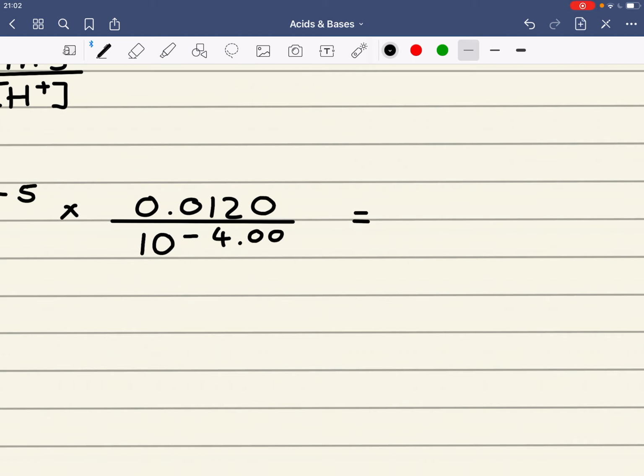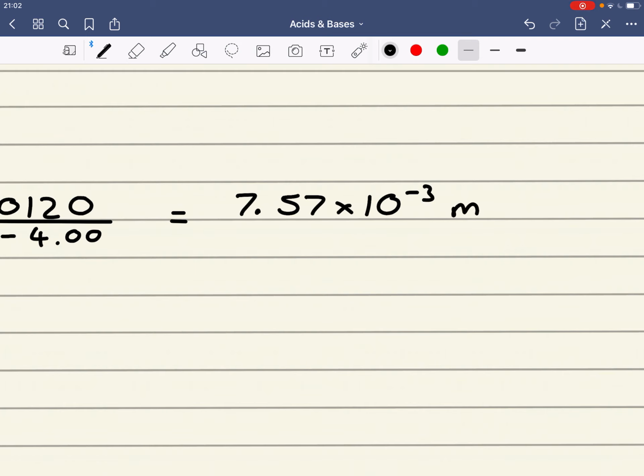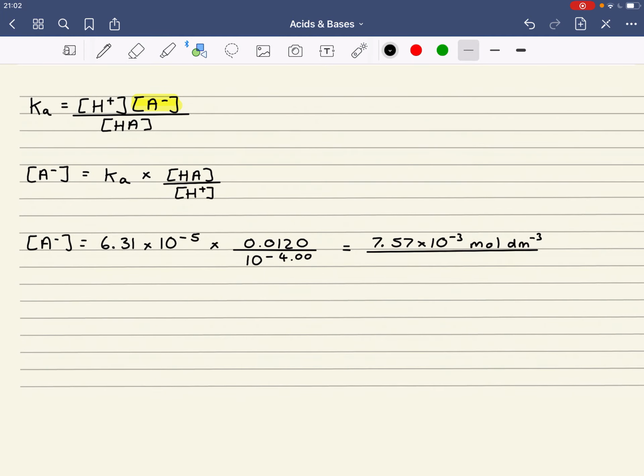When I do that calculation, I should get 7.57 times 10 to the minus 3 moles per decimeter cubed. So that's the concentration of A minus ions that I require.